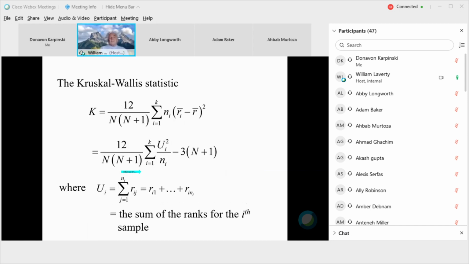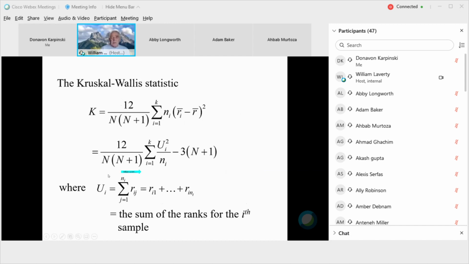There's the Kruskal-Wallis statistic. It's measuring how close the average rank for sample i is to the average rank of all of the observations. The second formula is a computing formula. Ri is the sum of the ranks for the ith sample.